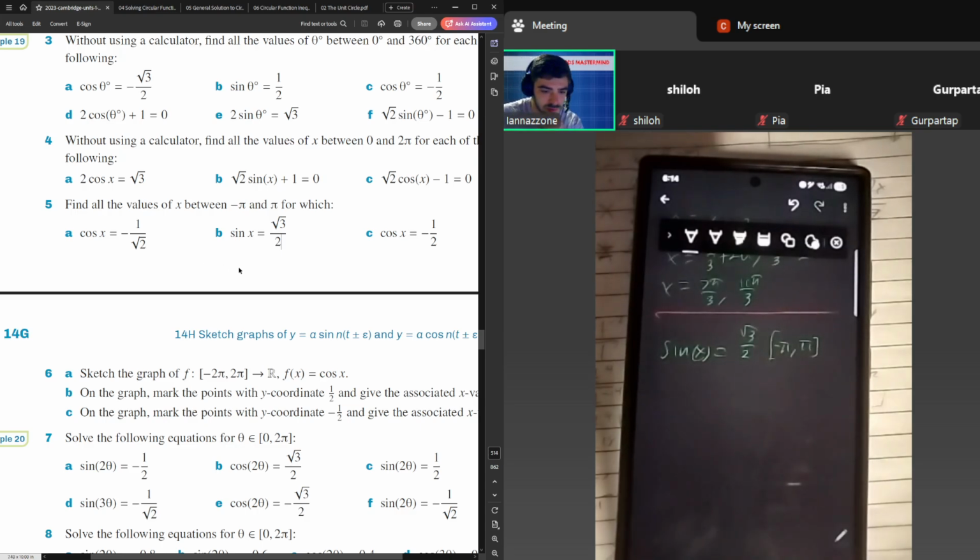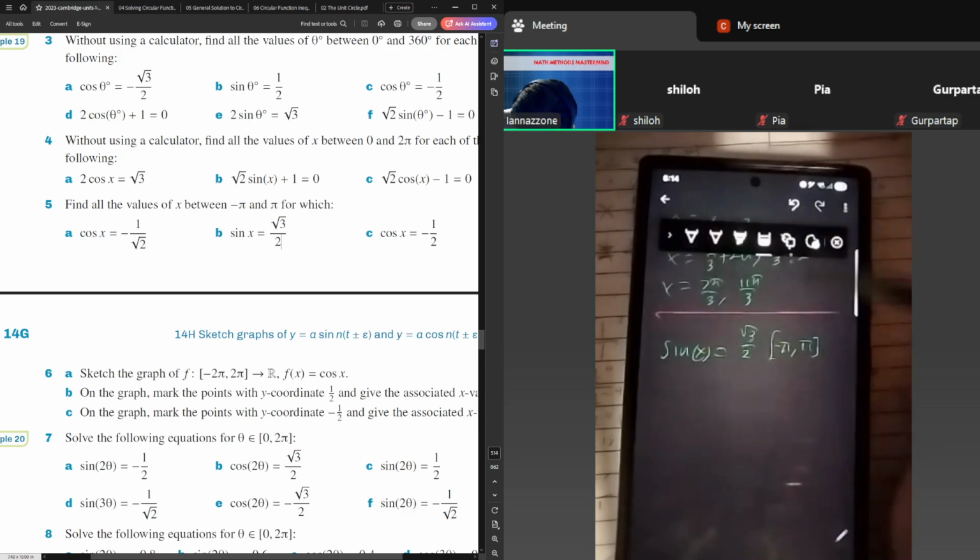I'll get some thoughts as to how we might start this one. Actually, I'm going to modify it just a little bit, just so we can actually make use of that negative domain. We'll make that a negative 2 pi instead of a pi.